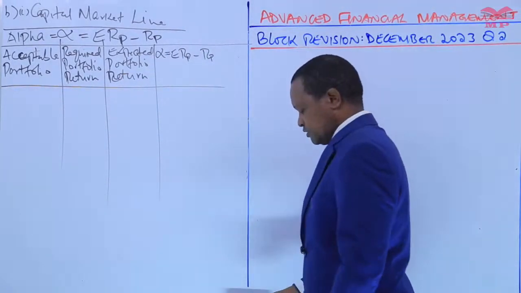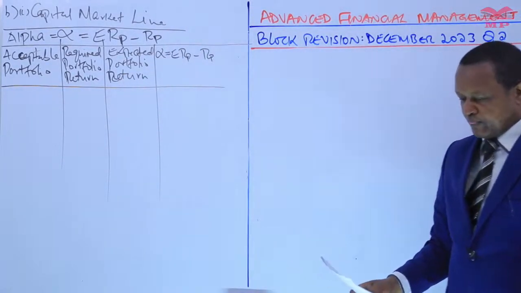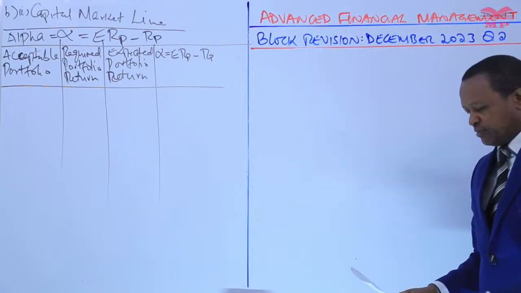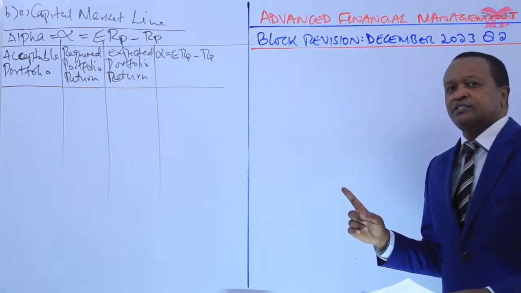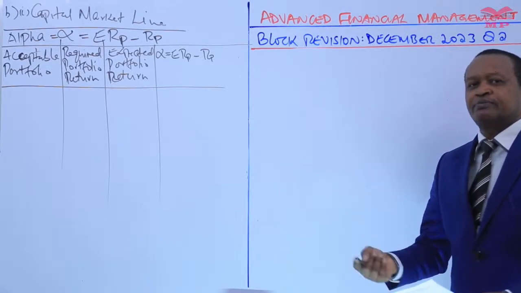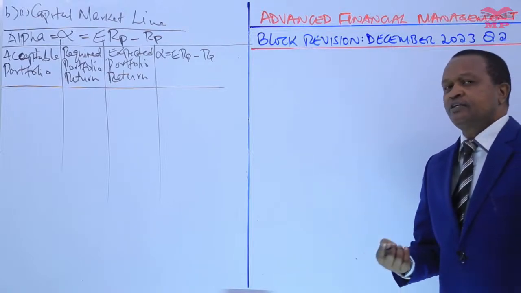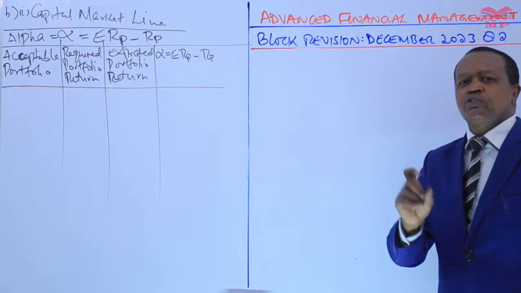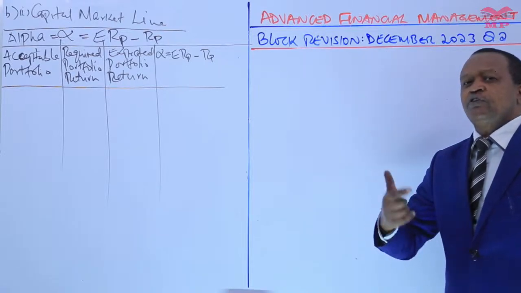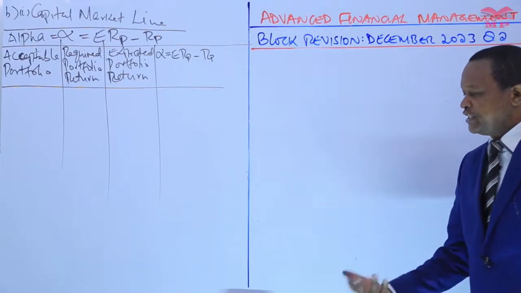Now, candidates, going back to the question, we have in note number 4 the details related to the projects and the money market. And we've defined CML as a concept in finance that illustrates the relationship between risk and return for efficient portfolios.